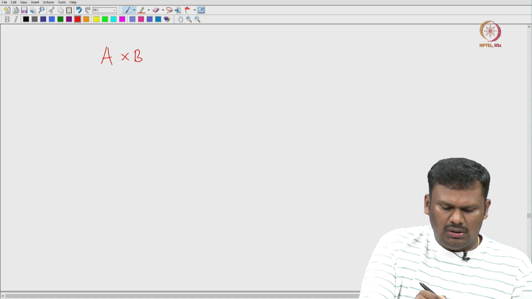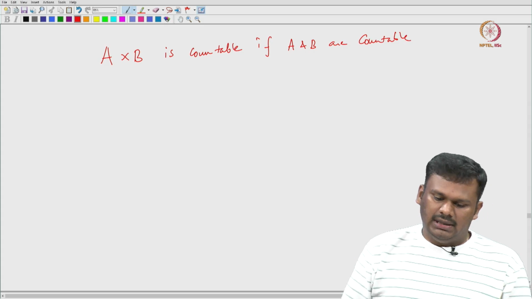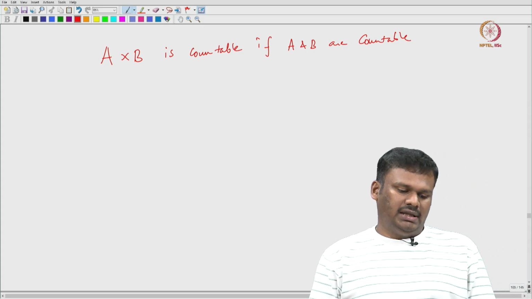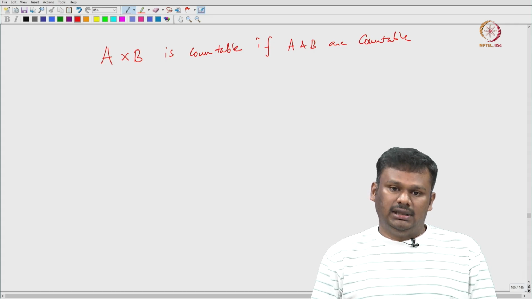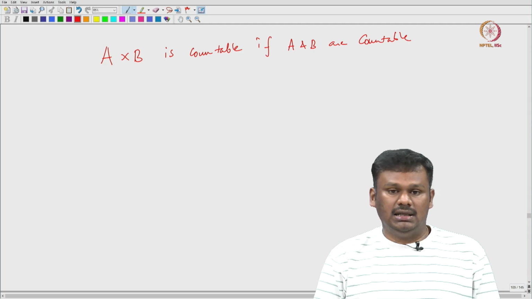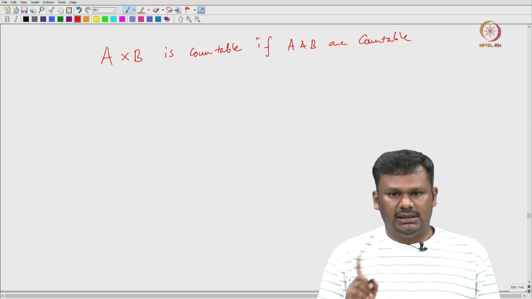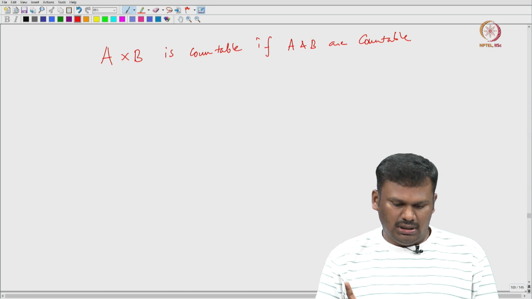Okay. So, A cross B is countable if A and B are countable. Okay. So, how do we do this? You can see that if A and B are finite, then there is nothing to prove, because both are finite and the cardinality of A cross B will be cardinality of A times cardinality of B. So, that is something one can check directly.